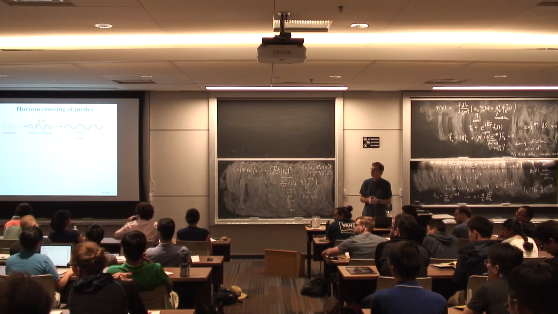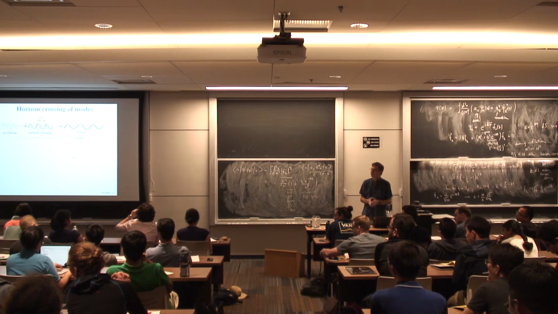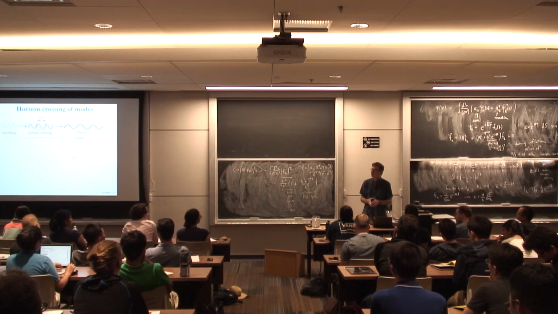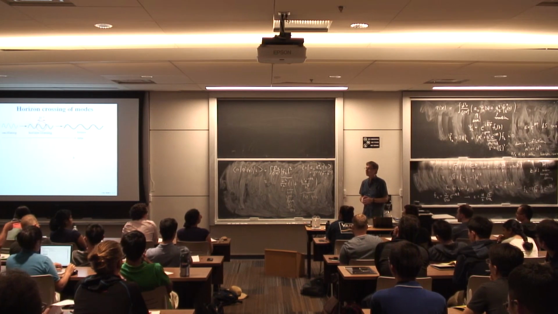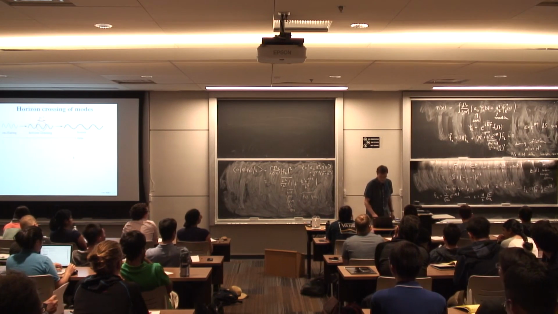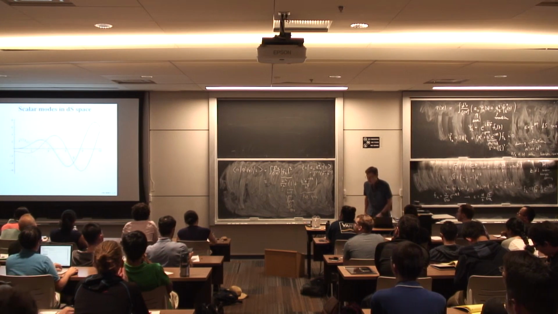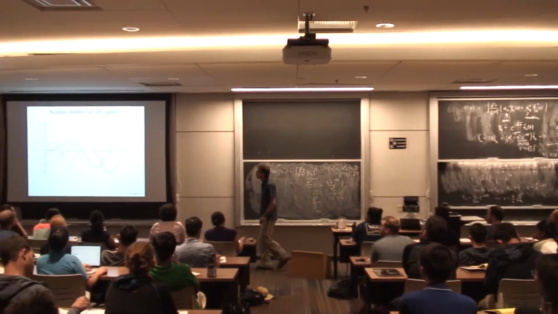So I might have just missed this, but at what point in the calculation can we see the freezing out of the mode? If you take z greater than 1, is there... It's just this picture of the exact behavior of the modes.